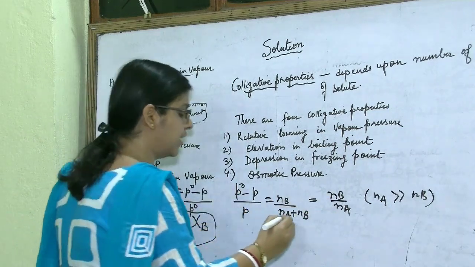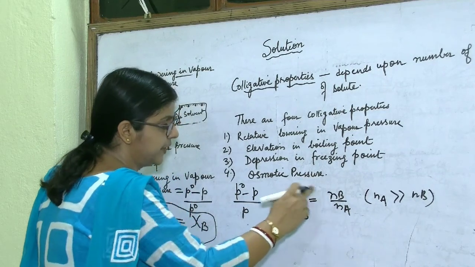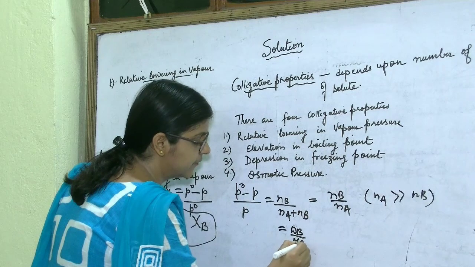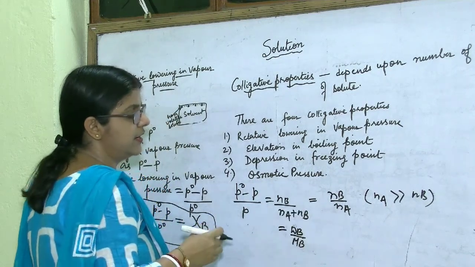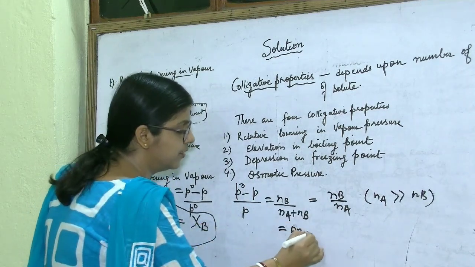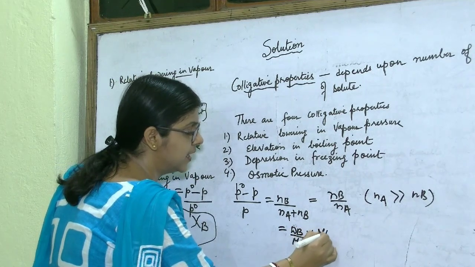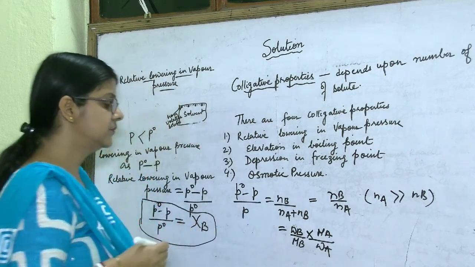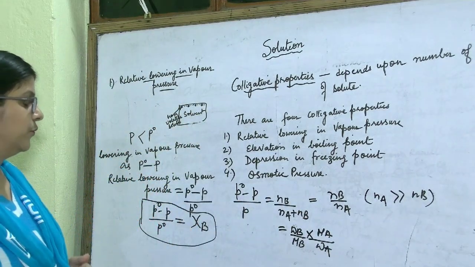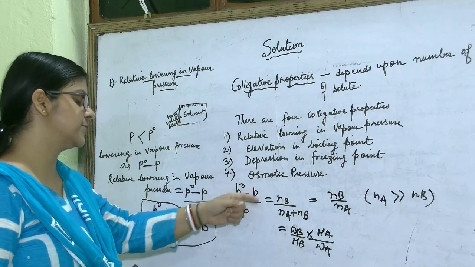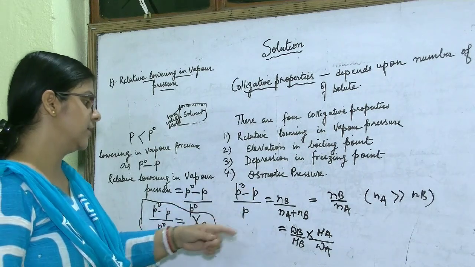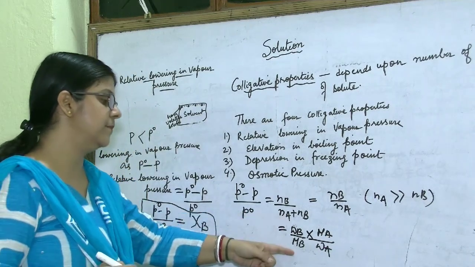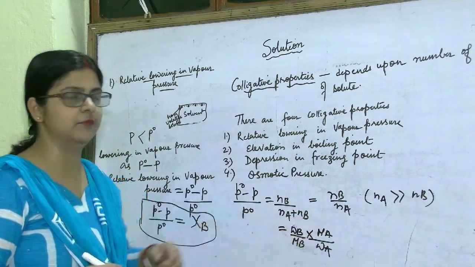Again, for NB you can write WB by MB, and for NA you can write WA by MA. So we get P naught minus P by P naught equal to WB by MB into MA by WA.